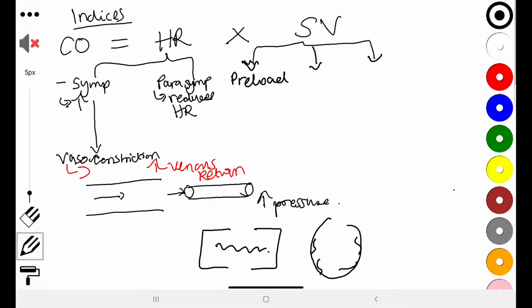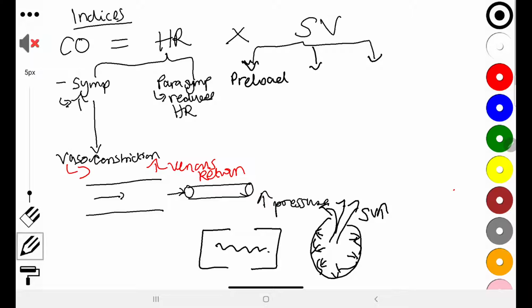But if it has a little load on it, okay, if it has a little load pre or before it starts contracting, if it has a preload, you will find that the contraction will actually be more. So if the contraction is more, it means that whatever it's going to put out will be more. So stroke volume is going to increase.